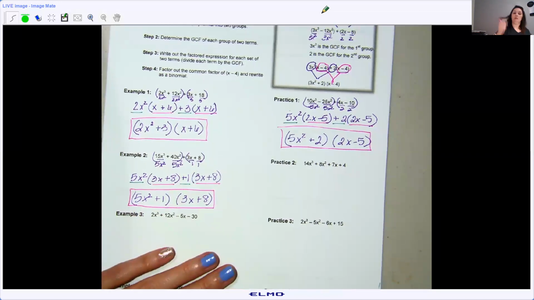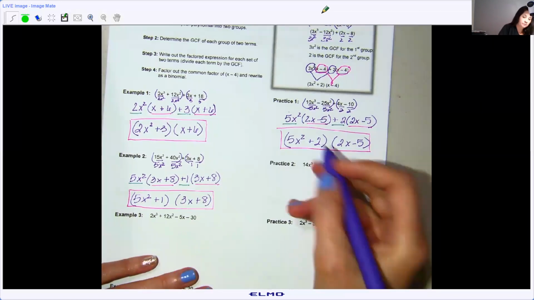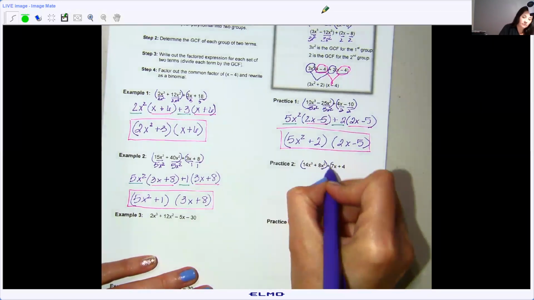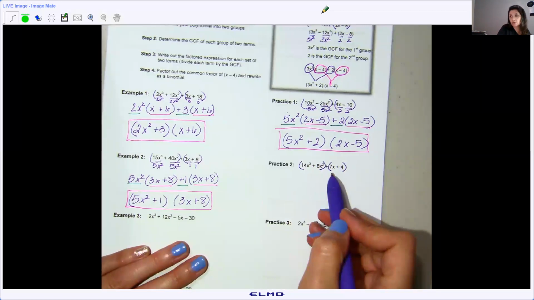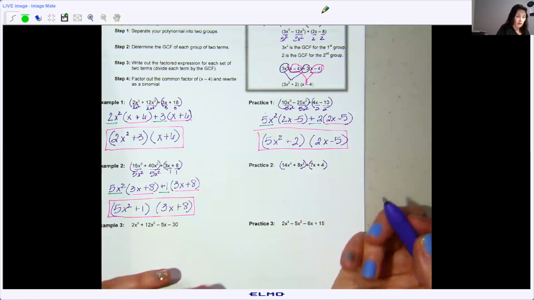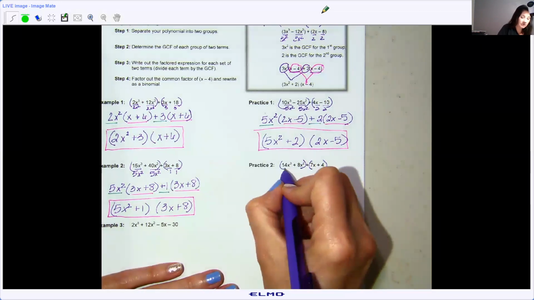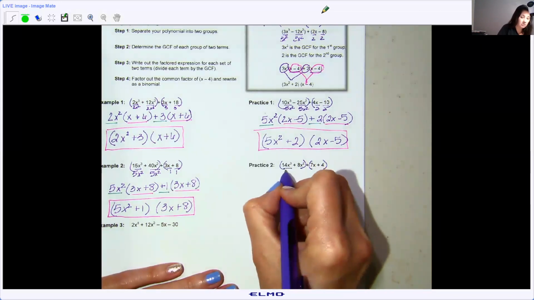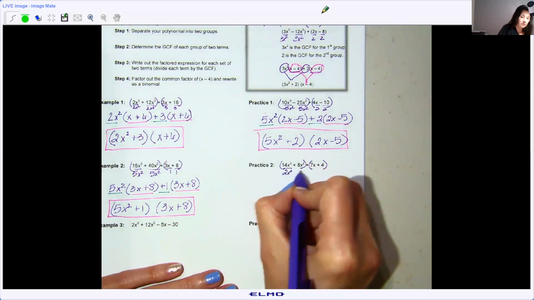Okay. All right, so this one's going to be very similar. You can already see we're not going to be able to factor anything out of that second term, but a 1, okay? Out of this first one, I am going to factor out a 2x squared, okay?